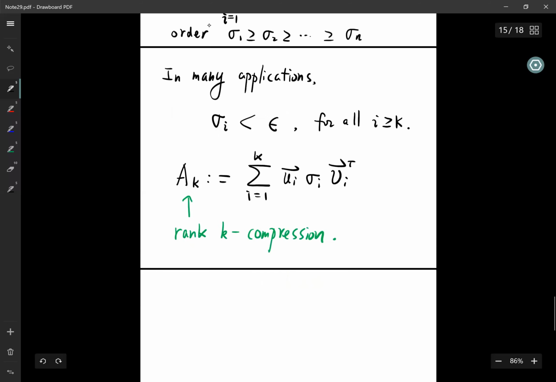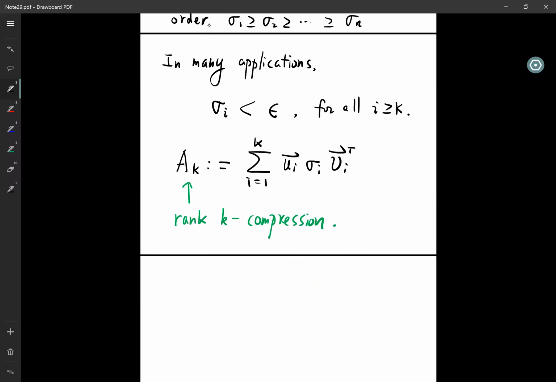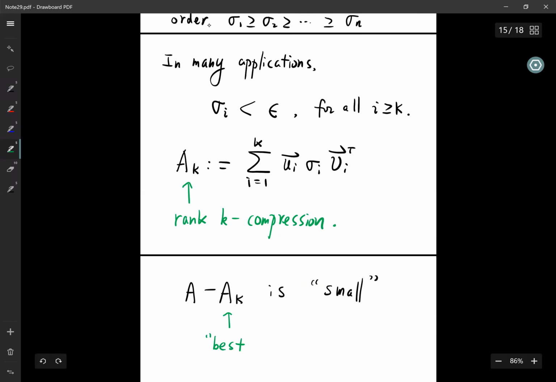In fact, there is a more general theorem, which in the informal setting says that A minus Ak is indeed very small. Actually, this one from the SVD can be the best, by some norm, the best rank k approximation to A.